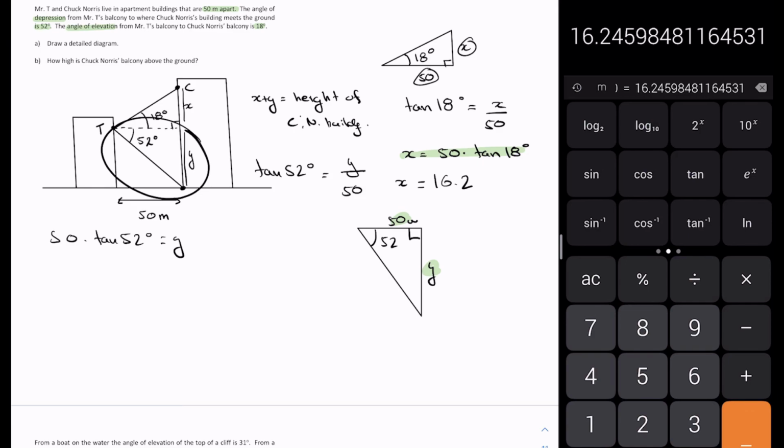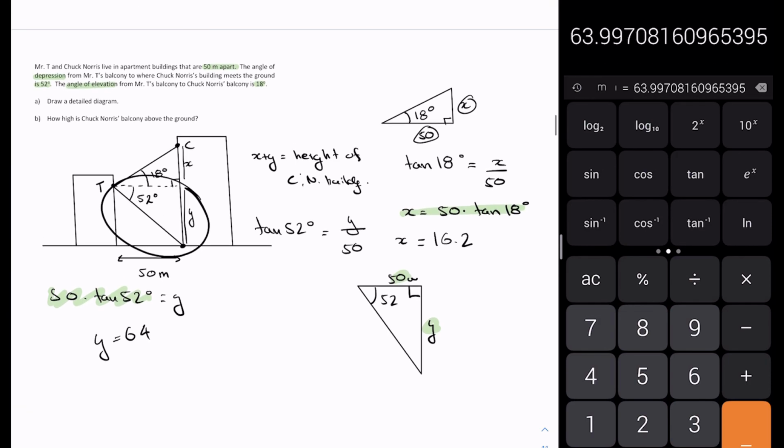And for the y value, that's this guy over here, I'm going to do 50 times tan 52. So 52 tangent times 50 gives me 64, let's say. So y equals 64.